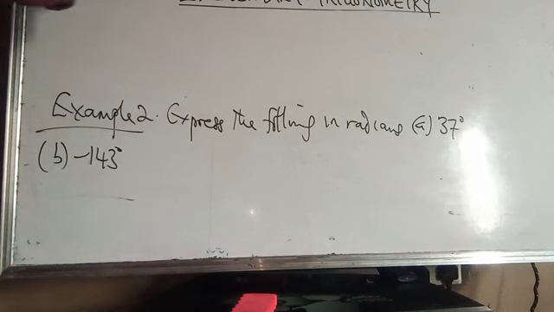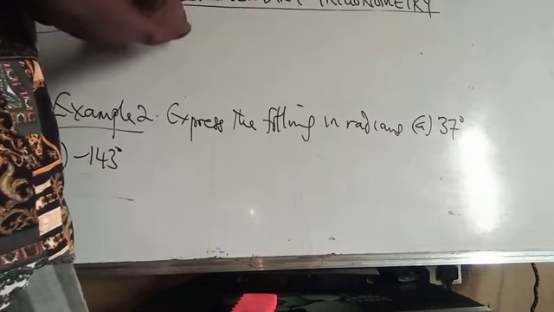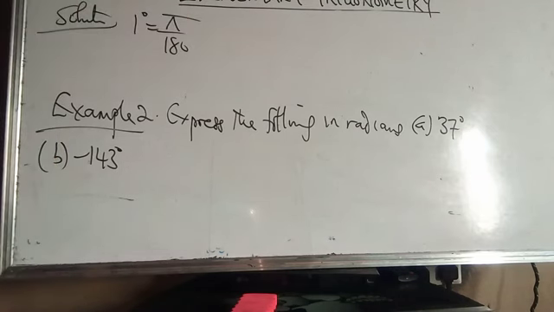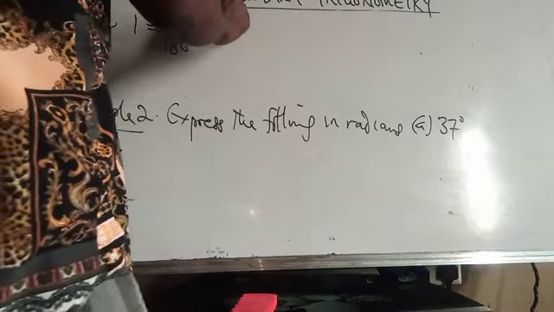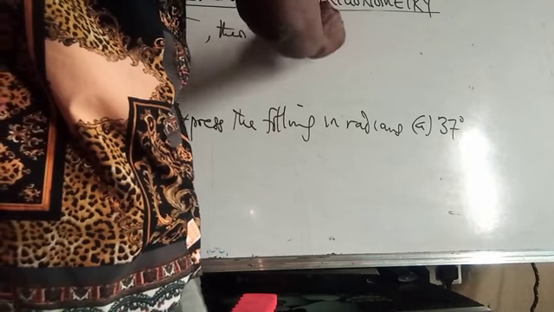Don't forget that conversion: if you are moving from degree to radian, 1 degree is equal to pi all over 180. So 37 degree will be 37 multiplied by pi all over 180.